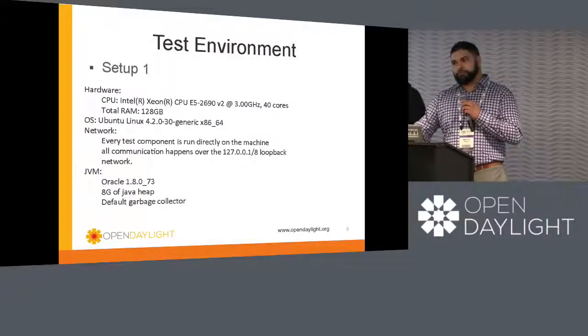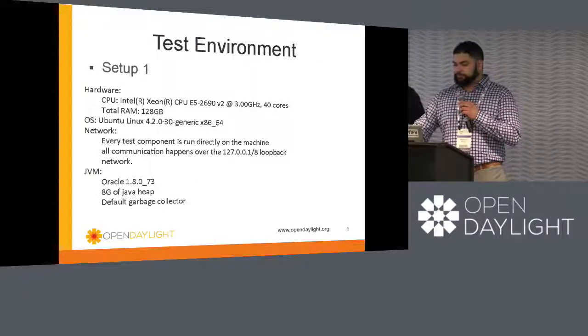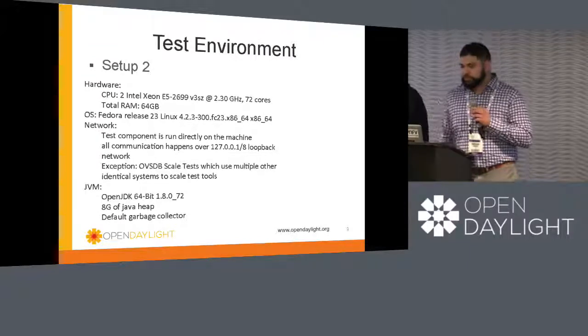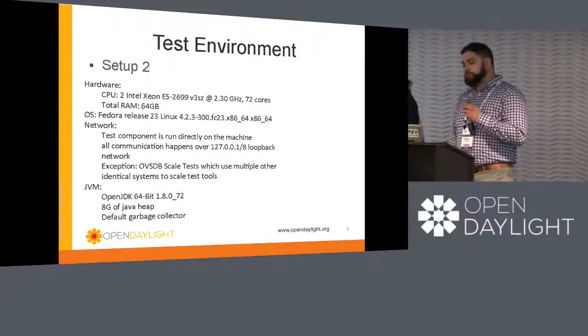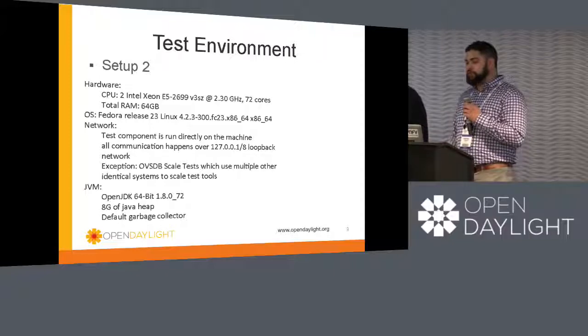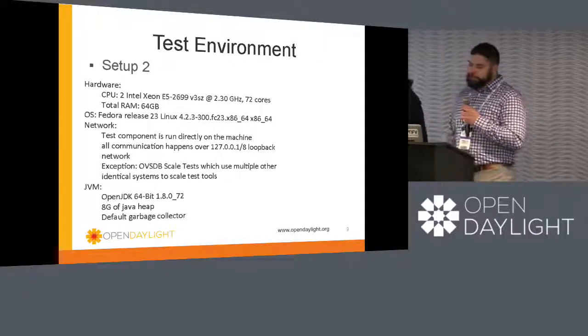Almost all of these tests we ran in both environments. There are a few exceptions, but OpenFlow tests and NETCONF tests we ran in both environments, for example. The second test environment was a dual CPU Xeon, a little bit newer processor, E5-2600 v3.